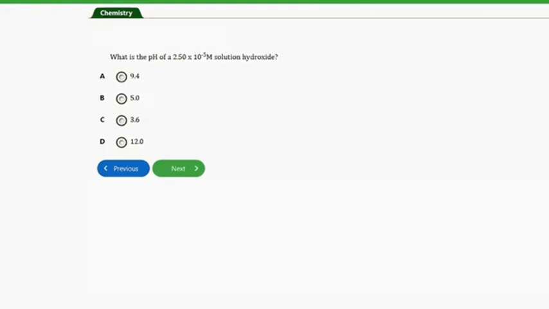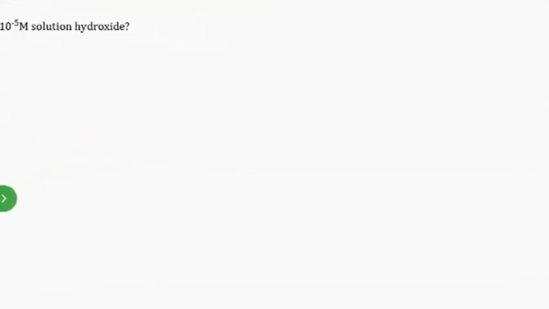It says, what's the pH of a 2.50 times 10 to the power of negative 5 molar solution of hydroxide? For this, we are going to quickly zoom into our workspace and try to solve this together.